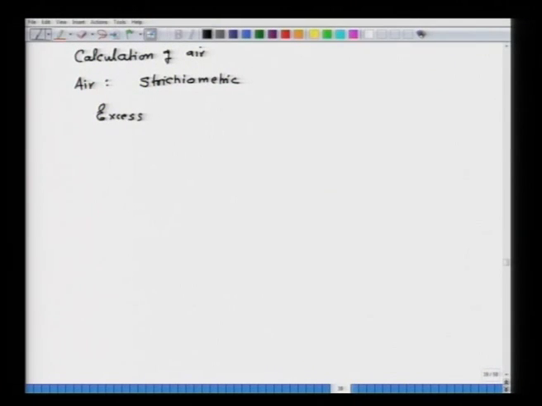Now, in several calculations you are required to calculate excess air. This excess air is equal to actual air minus theoretical air, divided by theoretical air, into 100. This theoretical air is also called stoichiometric air, or air for perfect combustion. All these names mean that you have calculated the amount of air by observing the stoichiometry of the reaction.